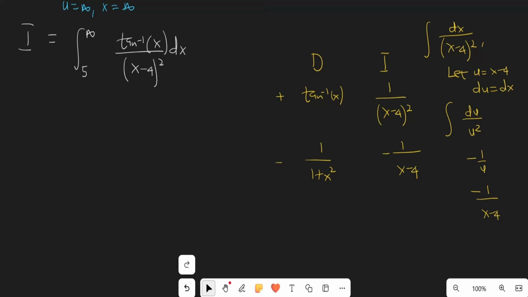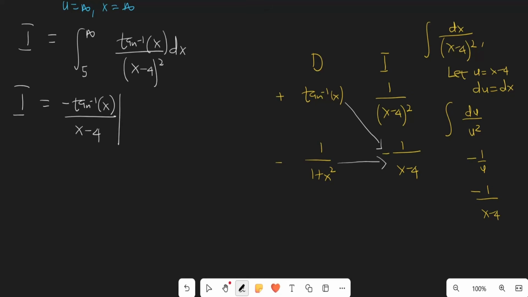All right, so now we're going to apply integration by parts. Multiplying diagonal terms, we are done with the integration. But when we multiply terms horizontally, we have to take the integral. So we have I equal to negative tan inverse of x, divided by x minus 4.